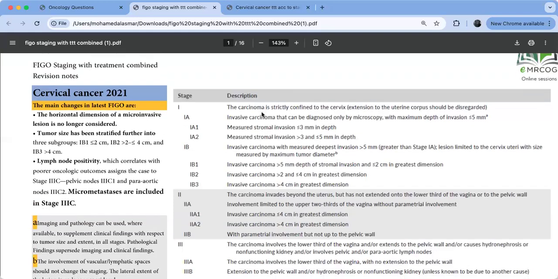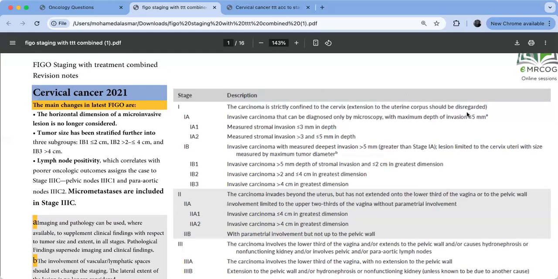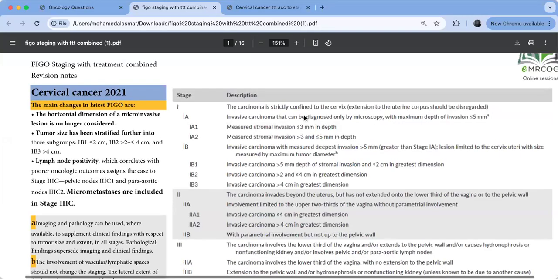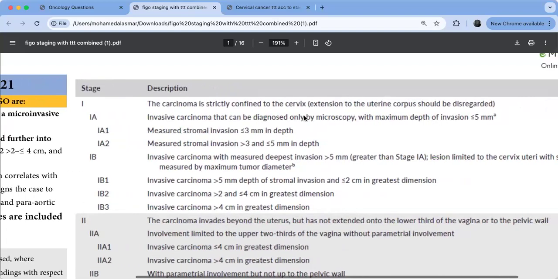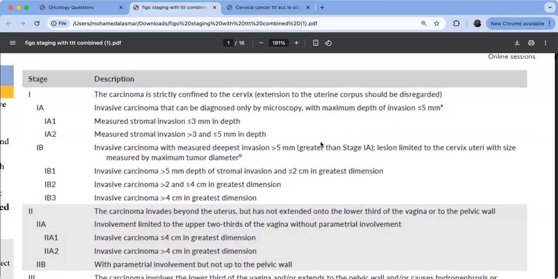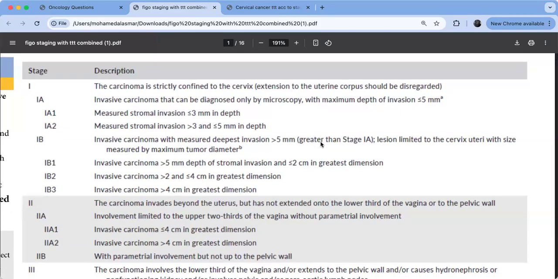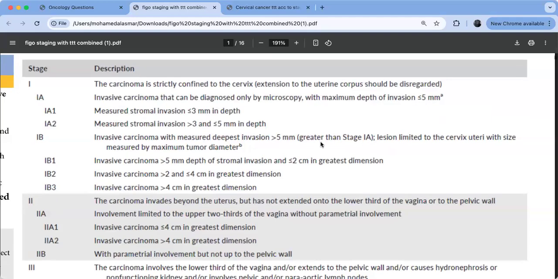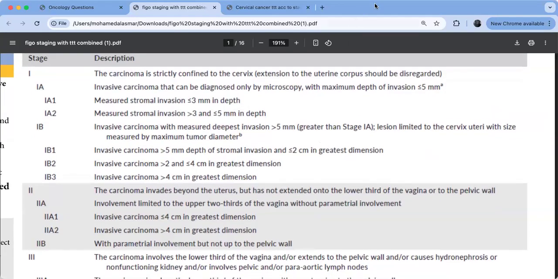So, cervical cancer, my friends, the staging of it. First, you will have to know we have stage 1, and in stage 1, the carcinoma is strictly confined to the cervix, and extension to the uterine corpus should be disregarded. Here, 1A is invasive cancer diagnosed only by microscopy.